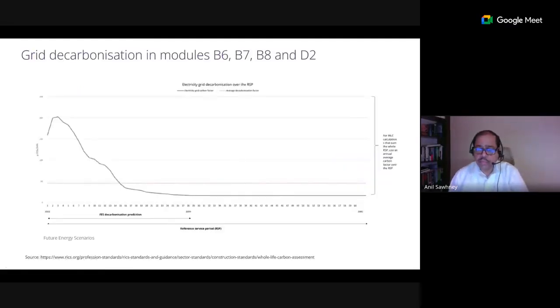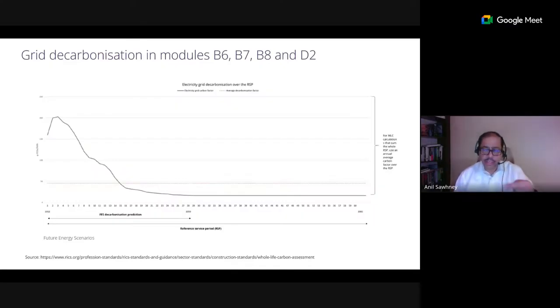So the next two items I want to cover is grid decarbonization impact. In plain English, what does this mean? It means that if you buy a unit of energy from the grid today, the emissions may be higher, but because the entire economy is being decarbonized, various countries are decarbonizing at different paces, but nevertheless, the grid is decarbonizing.